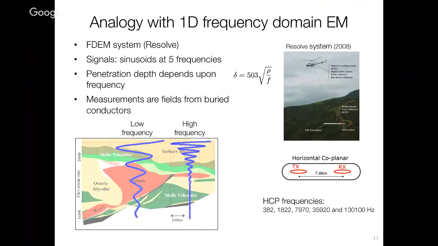For us, for the kernel functions, we took the ideas that we had from frequency domain sounding. We thought about this resolved system, then we thought of a lower frequency that sees down deep, and a higher frequency, which is like that. So, decaying exponentials sounds like a pretty intuitive thing to work with.